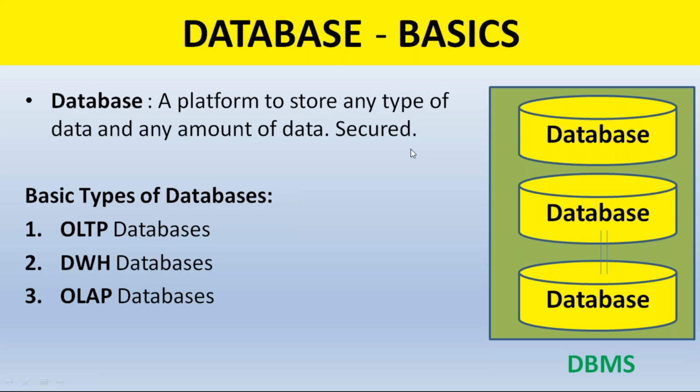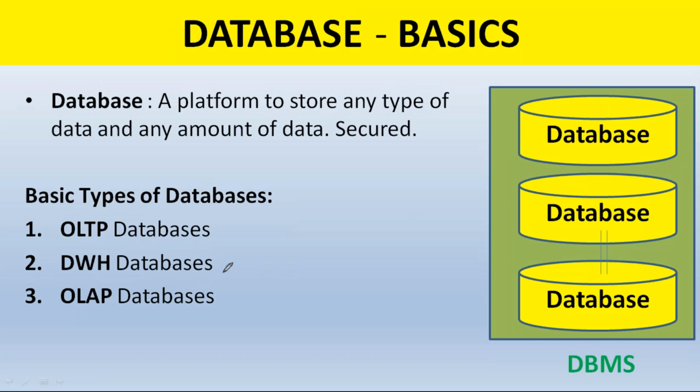Next. Then we have something called OLAP databases, online analytical processing databases, to store summary data or any kind of data for analysis, forecasts, machine learning, deep learning, etc. So three basic types of databases.